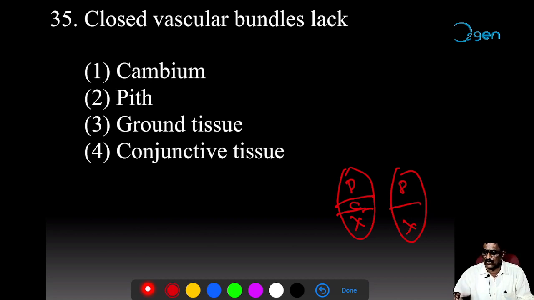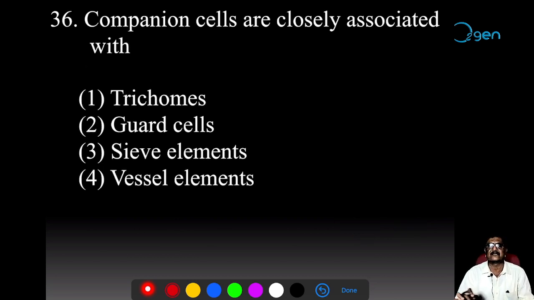So the closed type of vascular bundle shows absence of cambium, but presence of ground tissue and conjunctive tissue; the cambium is absent. Option 1 is correct.